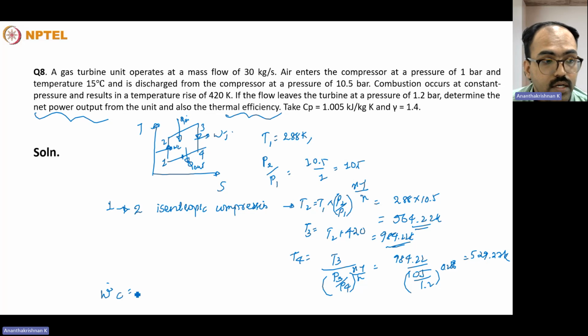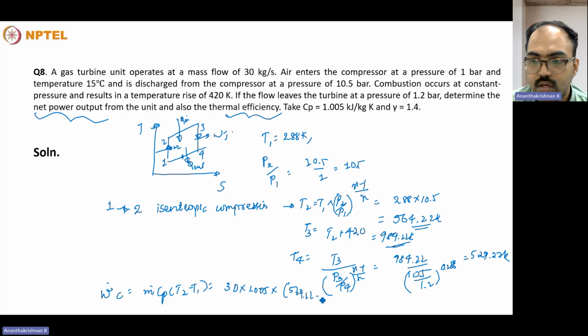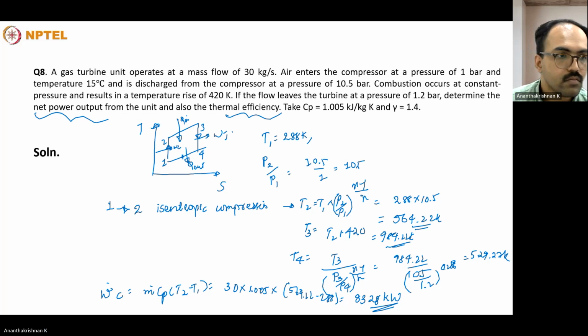Therefore, work in the compressor will be equal to m dot Cp into T2 minus T1. So that is mass flow rate into 1.005 into 564.22 minus 288. That is equal to 8328 kilowatt. So we got the work input to the compressor.